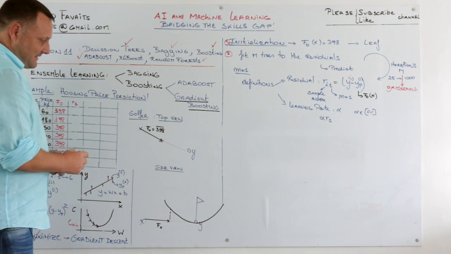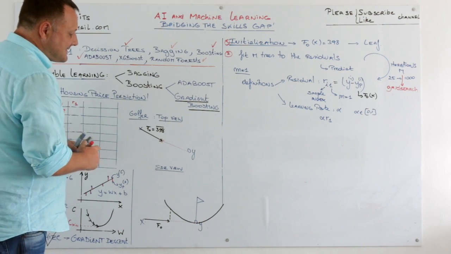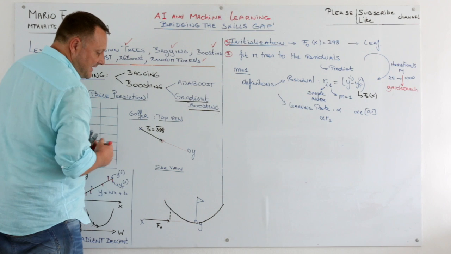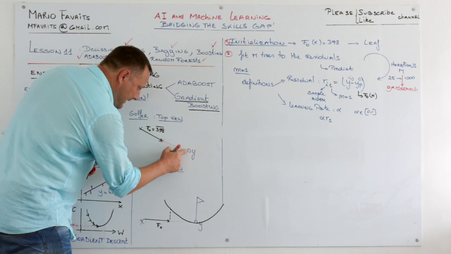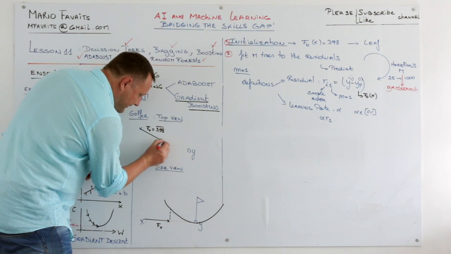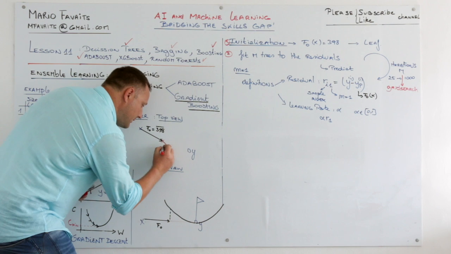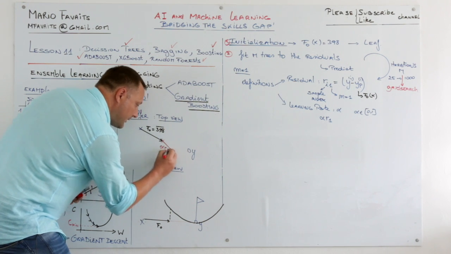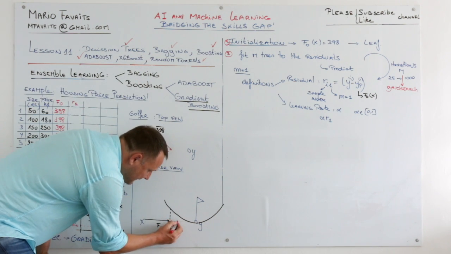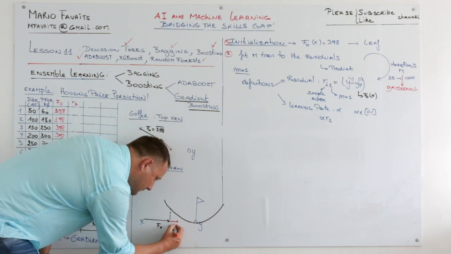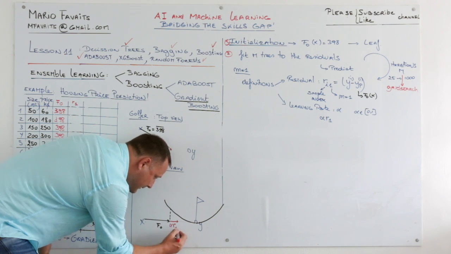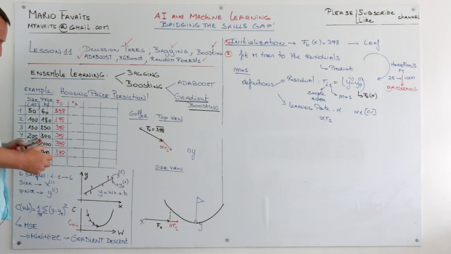So basically what it means is we're not going to go immediately here. We're going to take a small step like this one here, alpha R1. And the same thing here. It's going to be alpha R1.